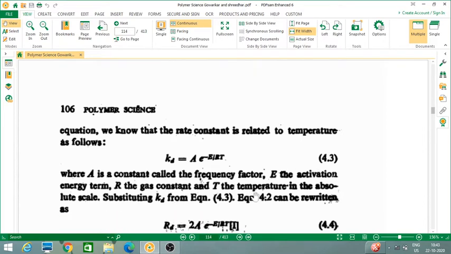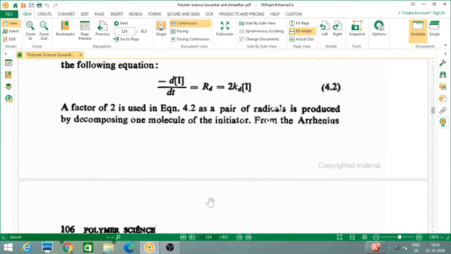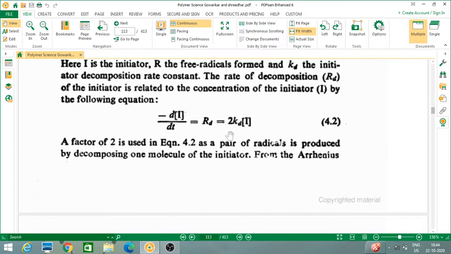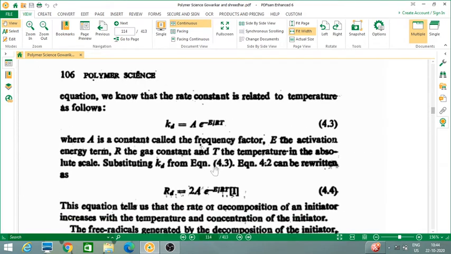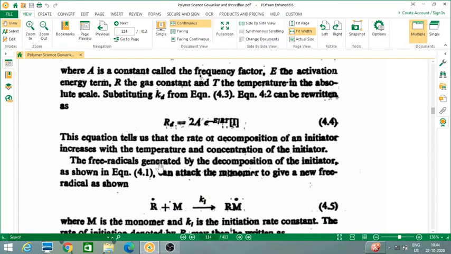Substituting Kd from equation 4.3 into equation 4.2, I will get Rd equals 2A e raised to the power minus E upon RT times the concentration of initiator I. This equation tells us that the rate of decomposition of an initiator, capital Rd, increases with temperature and concentration of the initiator.